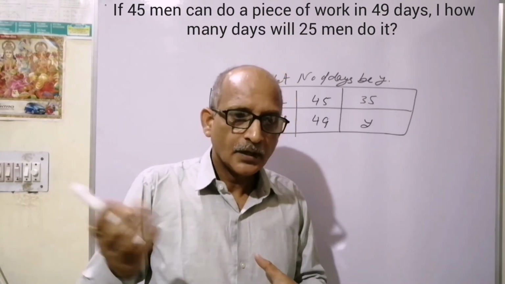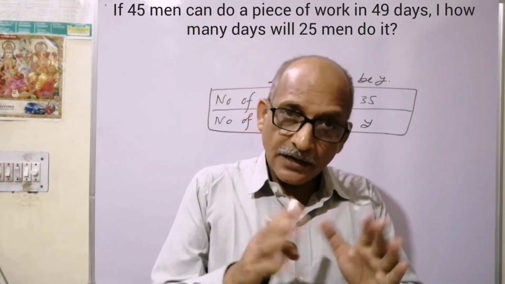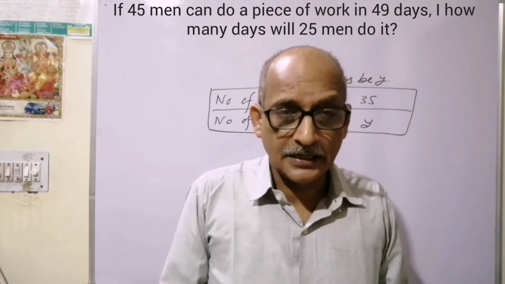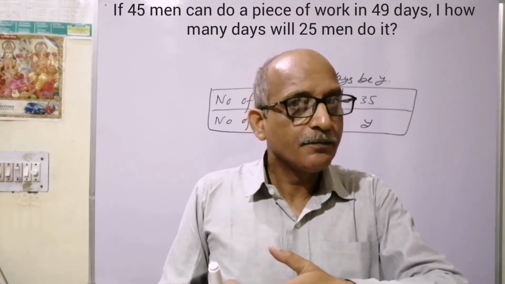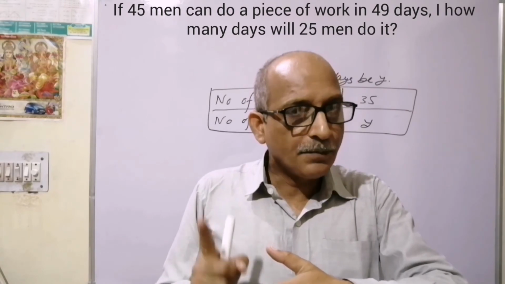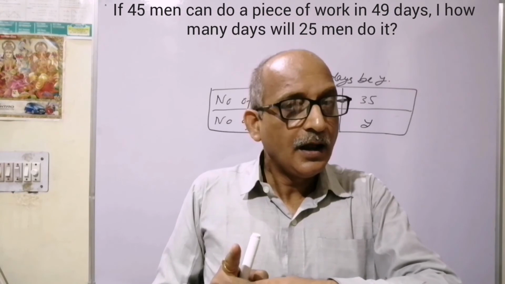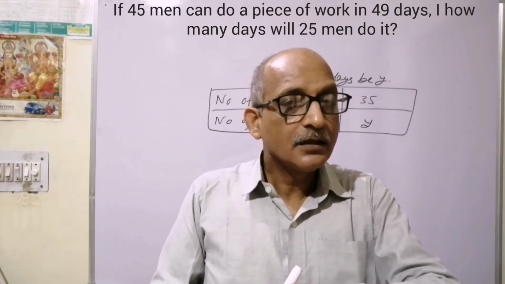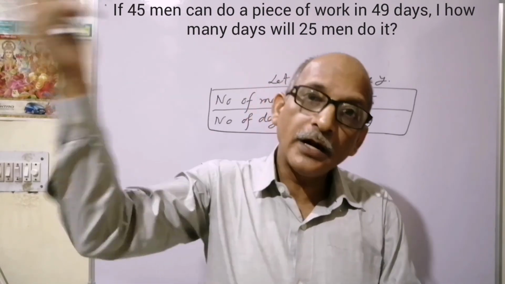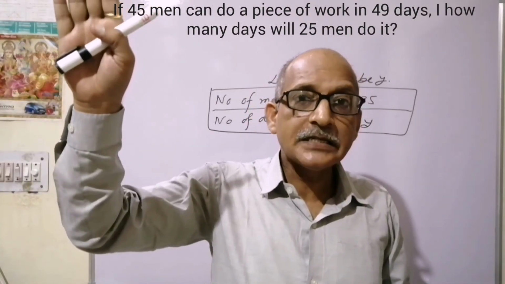Say a piece of work is there, that is constant, and 4 men can finish it in 1 day. If only one person does the work, I think that one will finish it in 4 days. So the number of workers reduced, consequently the number of days increased.